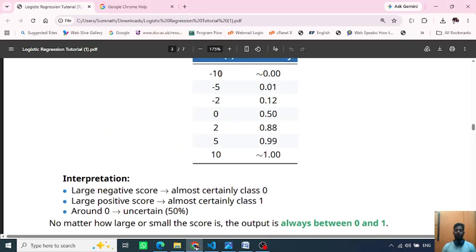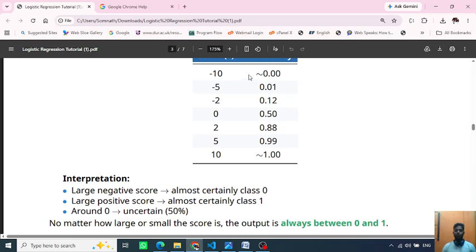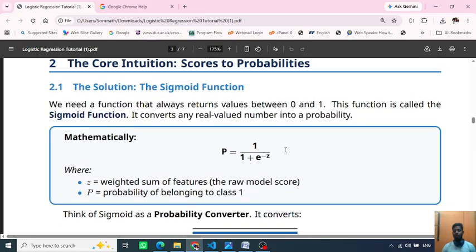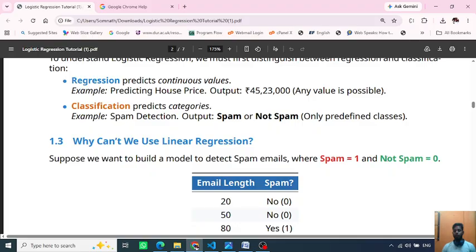From this table, a large negative score gives a value almost 0, which falls under class 0, and a large positive score gives almost 1, and around 0 is uncertain. You cannot say whether it belongs to class 0 or 1. As I said, 0 means not spam and 1 means spam.